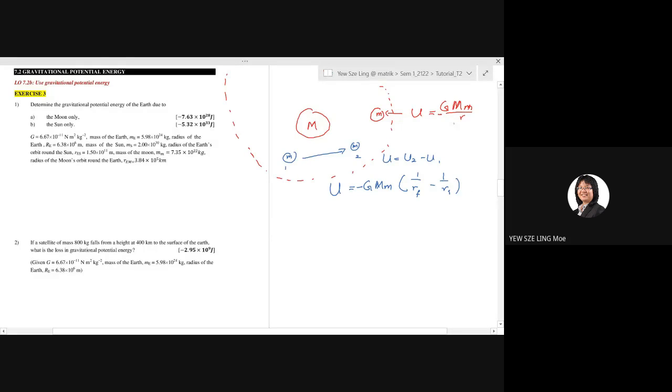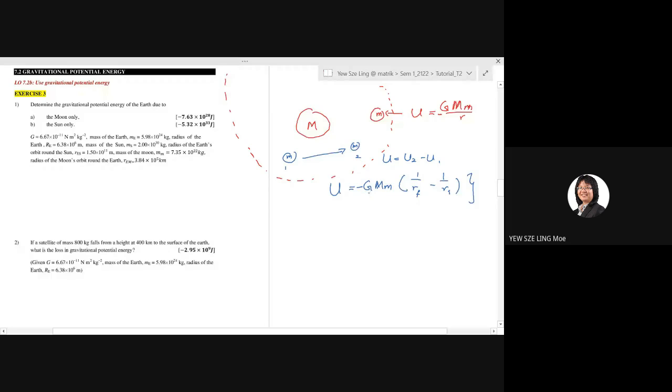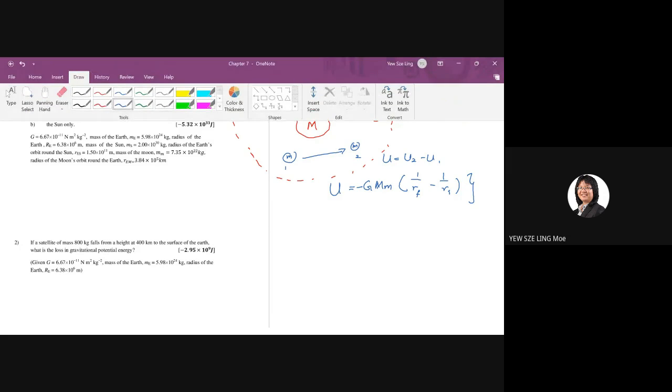That is the work done to bring one object from outside the field into the field of the point mass. If both are already inside the field and you move it from one point to another, then you use the second equation, negative GMm times (1 over r final minus 1 over r initial).